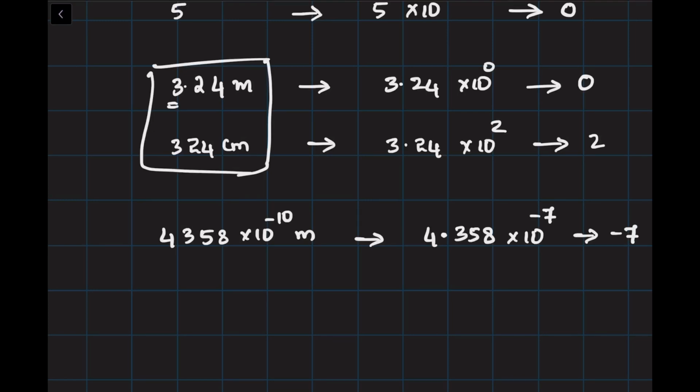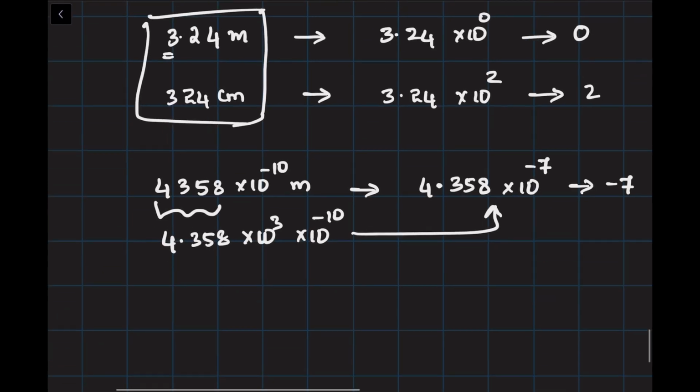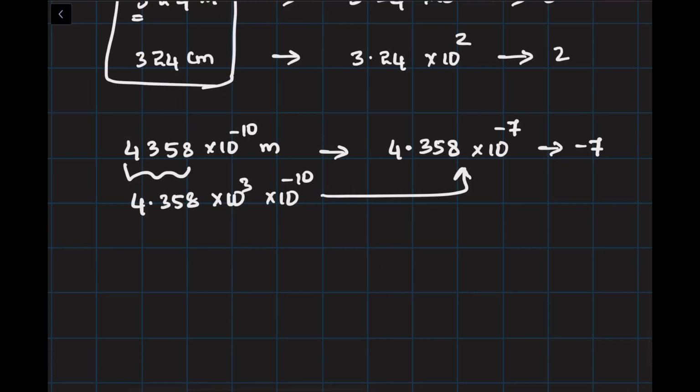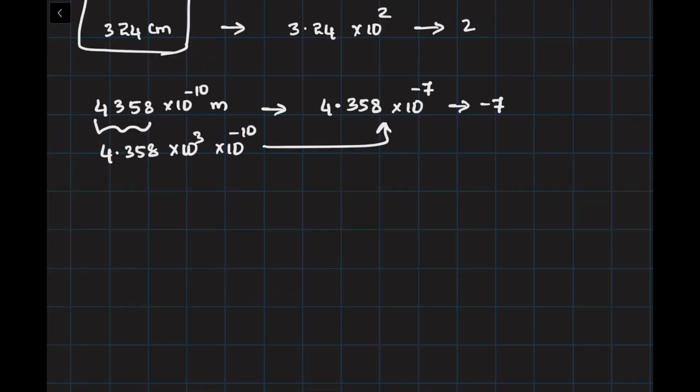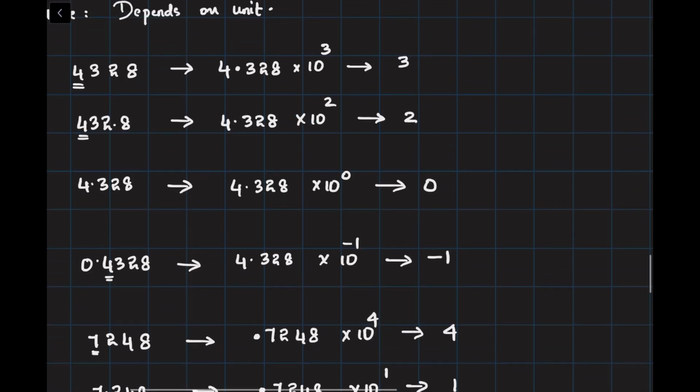Got it? The reason is because 4358 is equal to 4.358 into 10 to the power 3. Then the remaining 10 to the power minus 10 gives you 4.358 into 10 to the power minus 7. So that's how we do the calculations for order of magnitude, significant figures, and rounding.